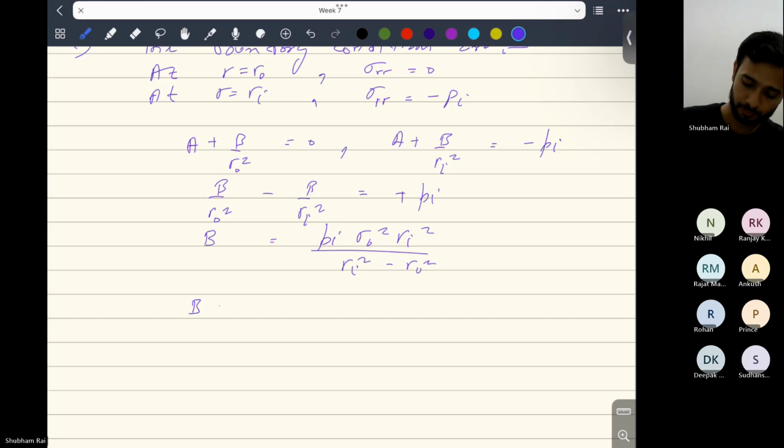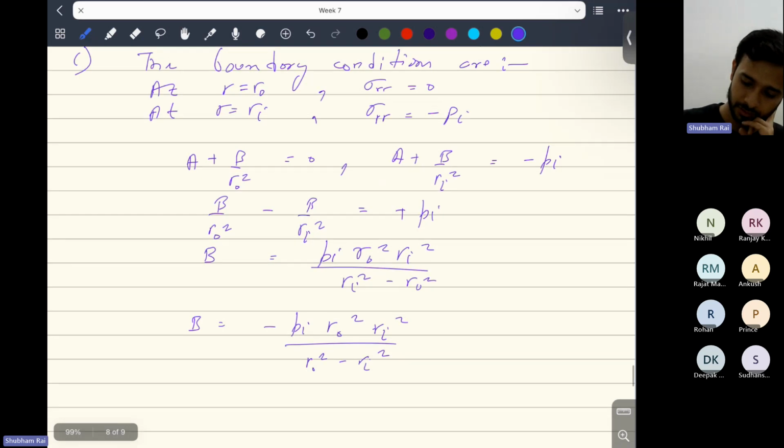You can write like this also. So b will be minus of p r naught square ri square over r naught square minus ri square. And if you substitute this value in equation one, a will be minus of b by r naught square.